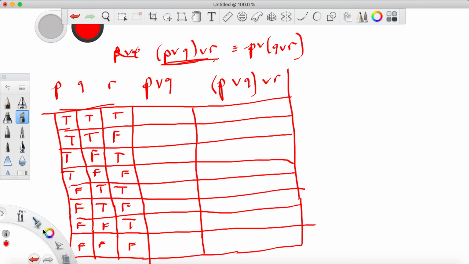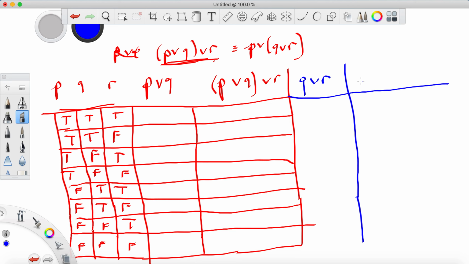And then in a different color, I'm going to go ahead and do Q or R, and P or Q or R.